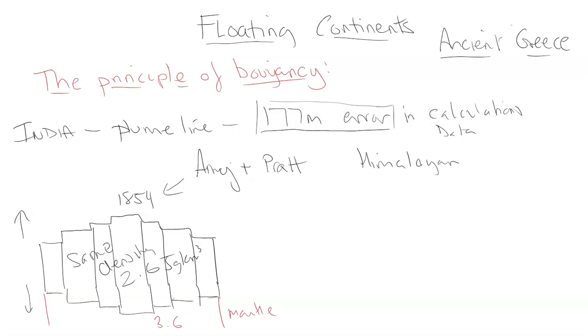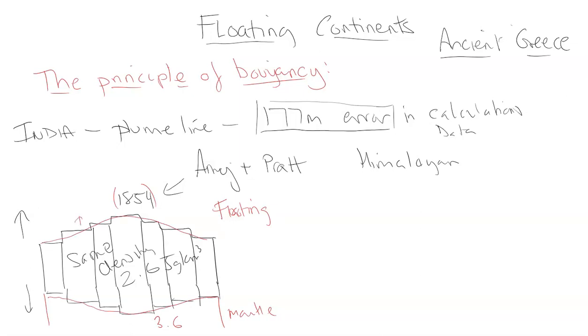So we still have this agreed-upon floating understanding, but Airy's was that the columns were the same density, and they had this lower-down area corresponding to the elevation change on the surface.